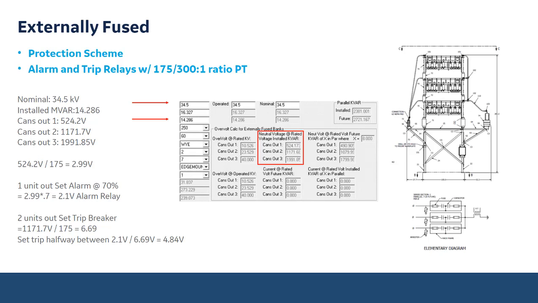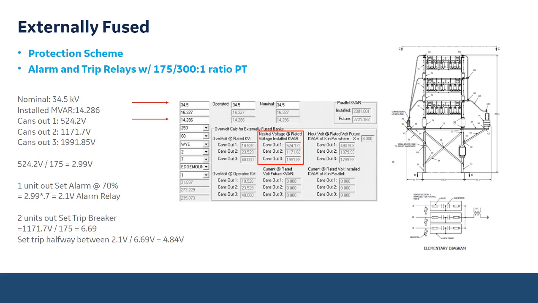With two cans out, it'll be 1171, and three cans out will be 1991.85 volts. So that dual ratio PT, if we use 524 volts divided by the 175 ratio, that first trip point or alarm will be at 2.99 volts. So that's what's going to drive that first relay for the alarm in the control house.